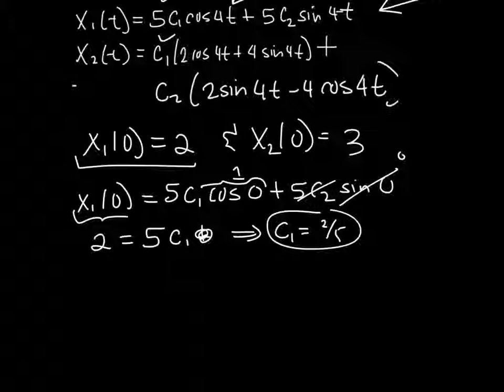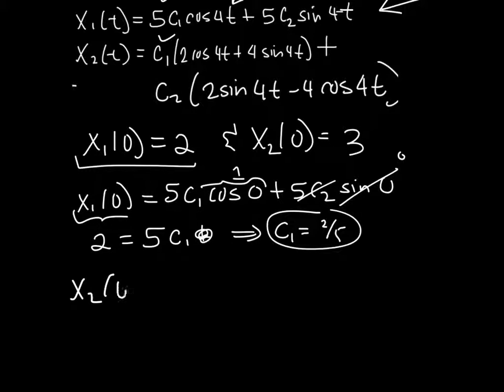So now let's find c2 using x2. So x2 of 0, again, t is going to be 0, and I'm going to substitute it into this one.